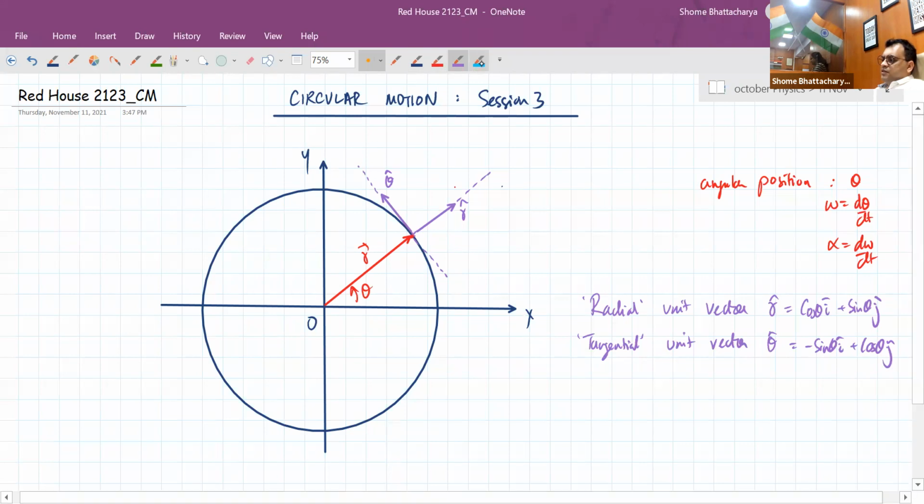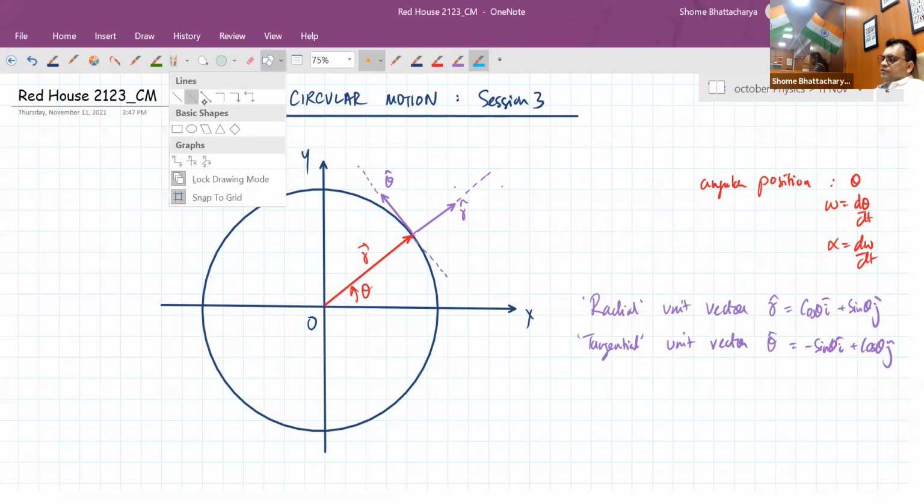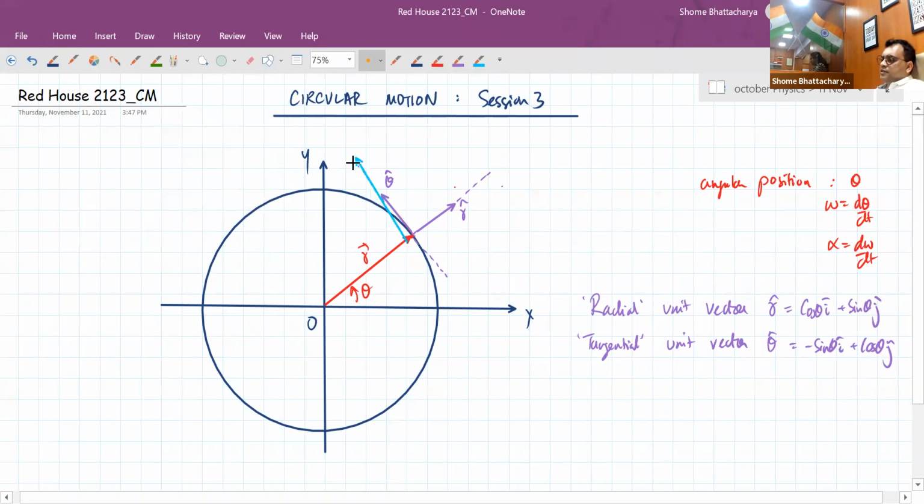So once we have defined this, then using the general definitions of velocity, acceleration, etc. from kinematics, what we had seen is that in general the velocity vector will always be in the tangential direction in circular motion, whereas the acceleration vector in general will be in such a direction that it has two components. One component is tangential and the other component is radial or centripetal.